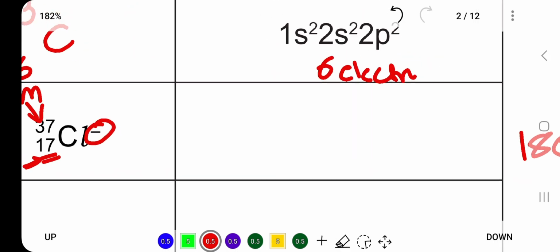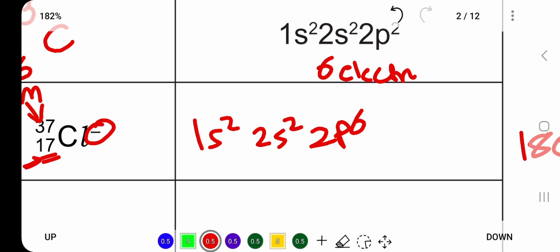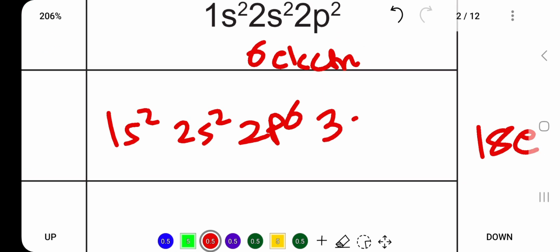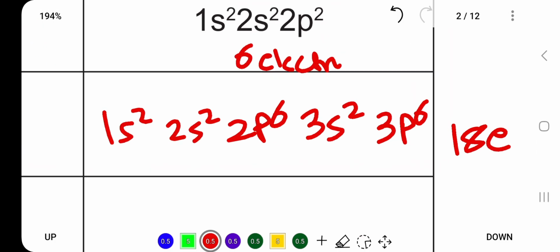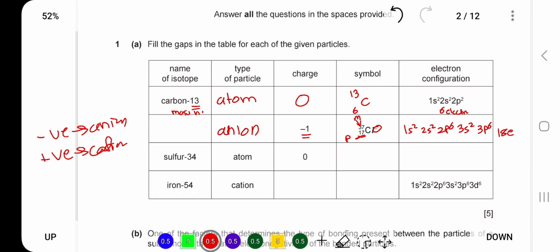So put the electron configuration 1s2, first shell, 2s2, 2p6, second shell is done, 3s2, 3p6, this is the third shell, and that's fully the 18 electrons of chlorine.